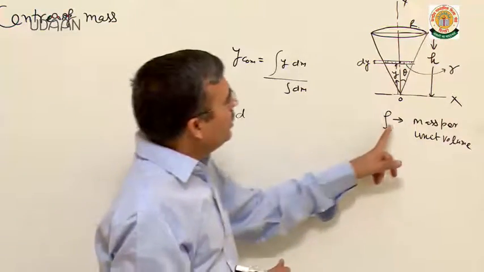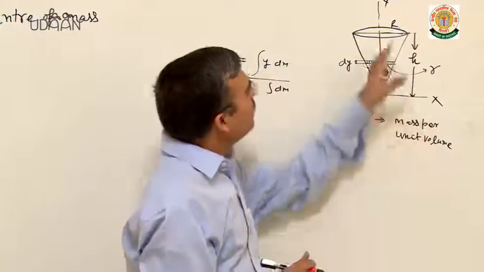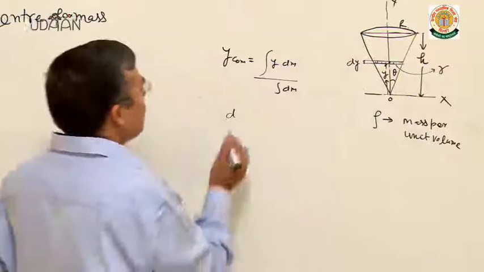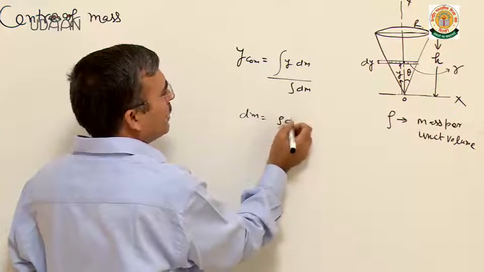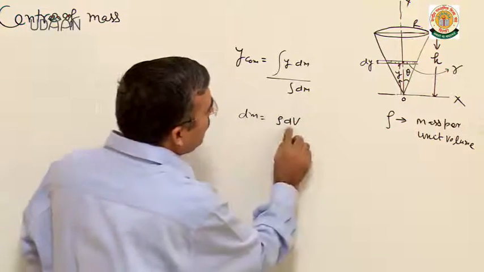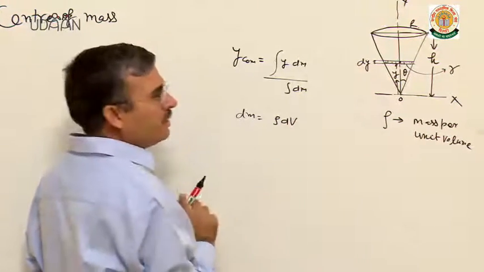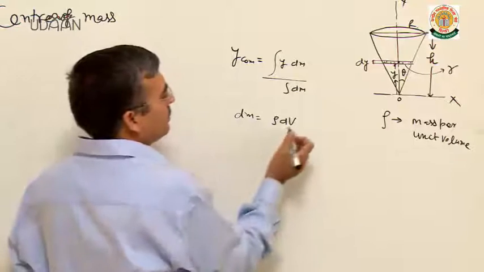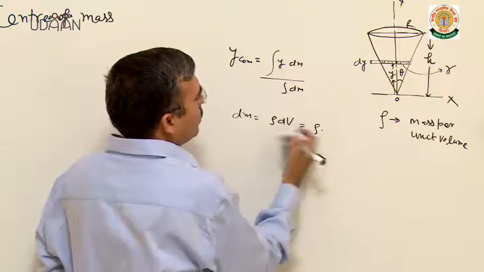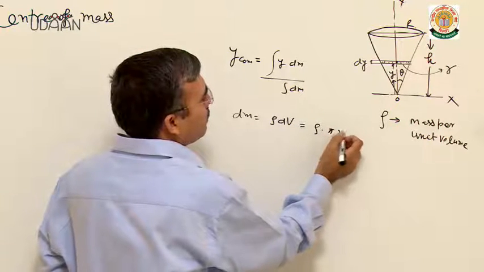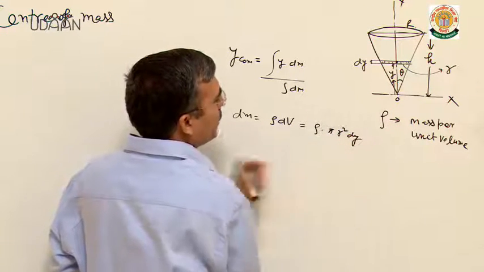let rho be the mass per unit volume of this cone. So dm will be rho into dv. dv is the volume of this elementary disc. Clearly, dv will be pi r square into dy.